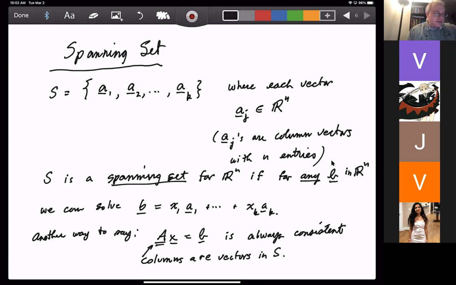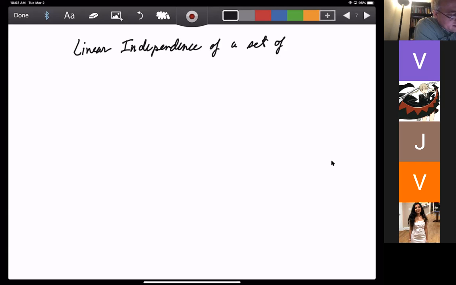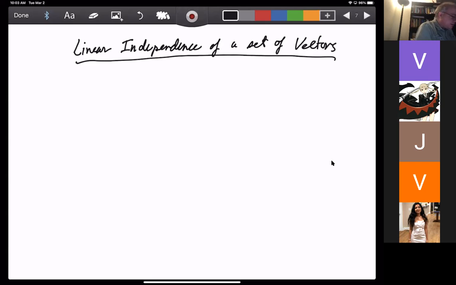Okay. So once we have this idea, we can add to it another useful idea: the so-called linear independence of a set of vectors.